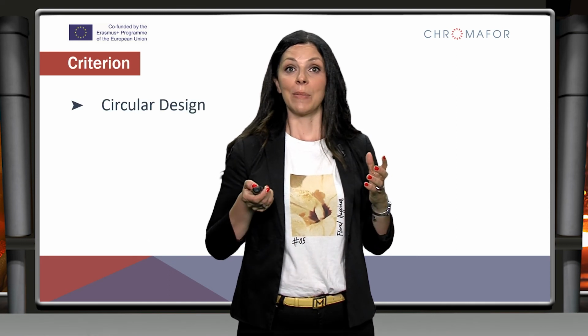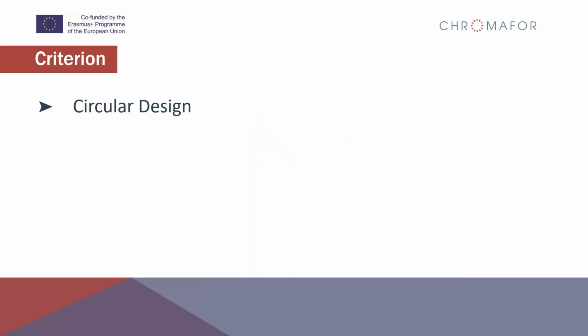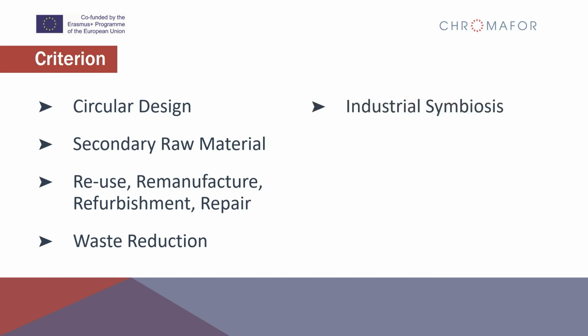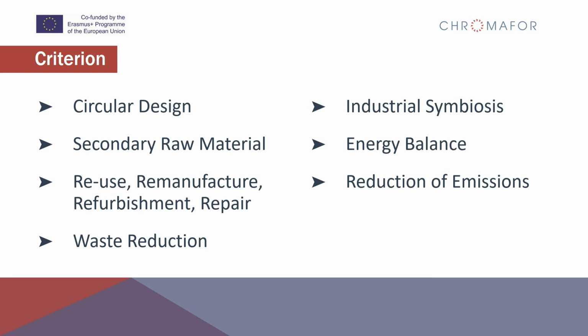So we have to keep in mind that employment is also a driver to reach sustainability. Of course, there are also some criteria to keep in mind in order to assess the way in which the business process is organized, which are circular design, secondary raw material use, reuse, remanufacture, refurbishment and repair, waste reduction, industrial symbiosis, energy balance, reduction of emissions, net balance of jobs.